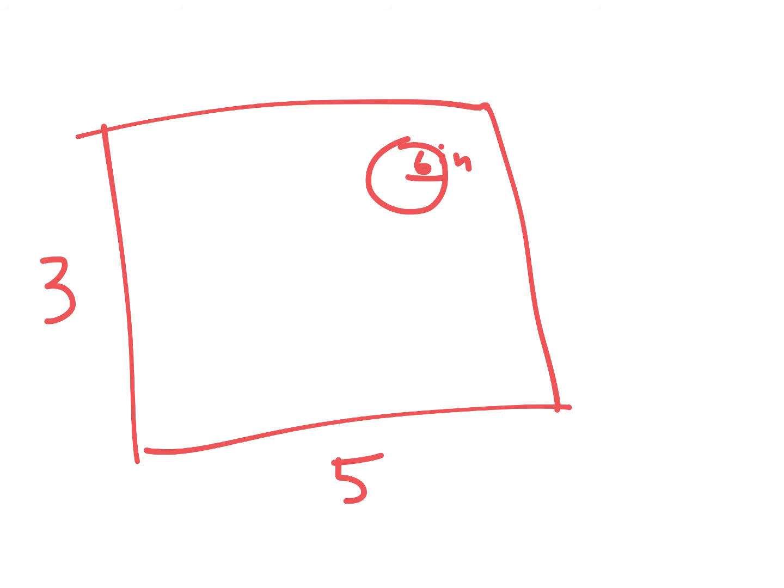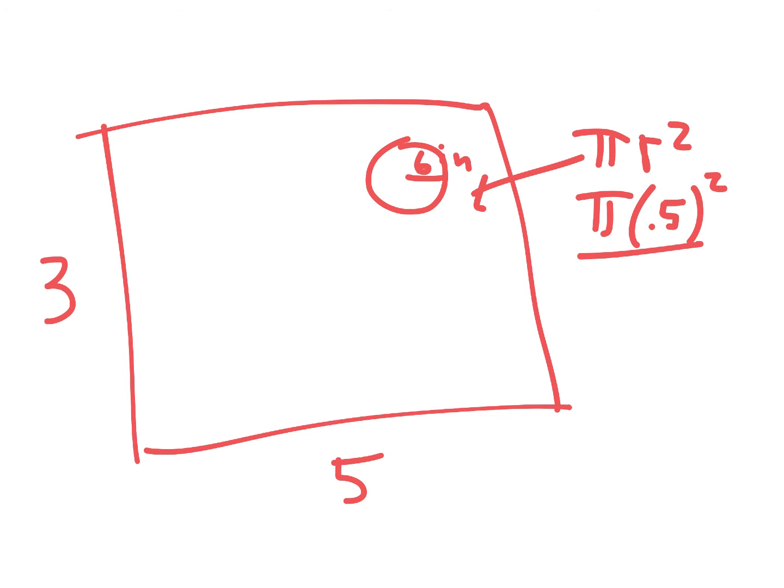Sage, you know the area of the circle formula? Is it pi r squared? It is. And what is our radius in this case? 0.5. Yep. So I go pi times 0.5, which is the radius, squared. All divided by 15, because the whole area came from 5 times the 3 makes the 15.